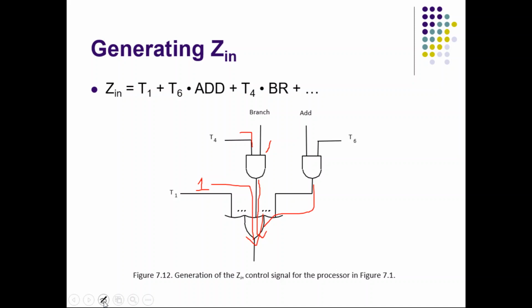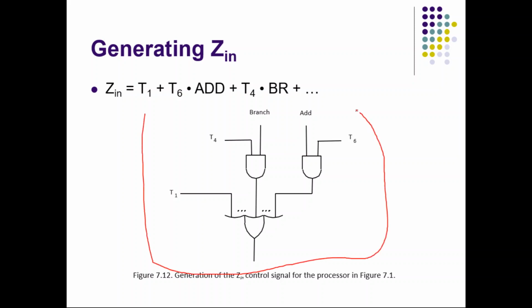So how is that done physically? There may be a circuit something like this inside the ALU, and this circuit will take care of that. The functionality of this circuit can be represented like this.